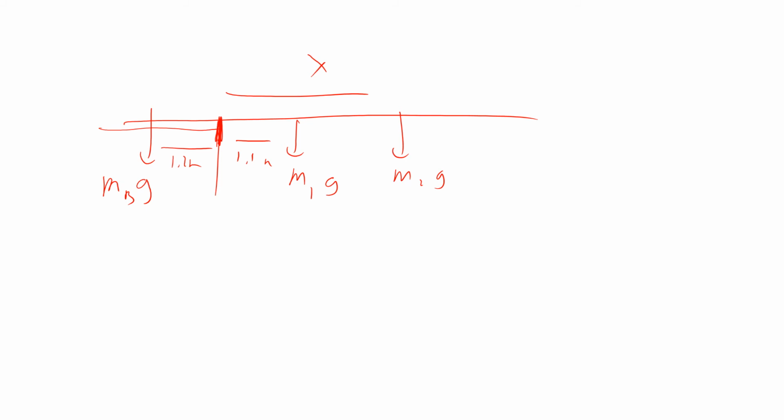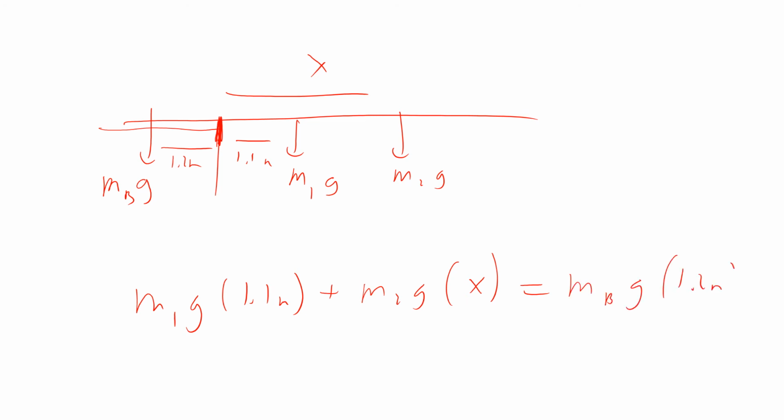And so we can now say that the clockwise torque has to equal the counterclockwise torque. The clockwise torque is m1g times 1.1 meters plus m2g times x. The counterclockwise is the mass of the bricks times g times 1.2 meters.